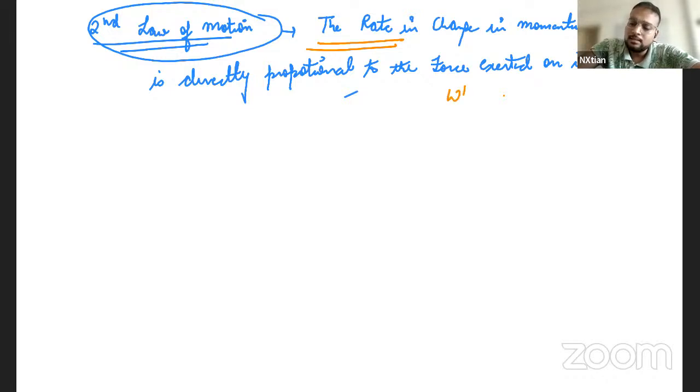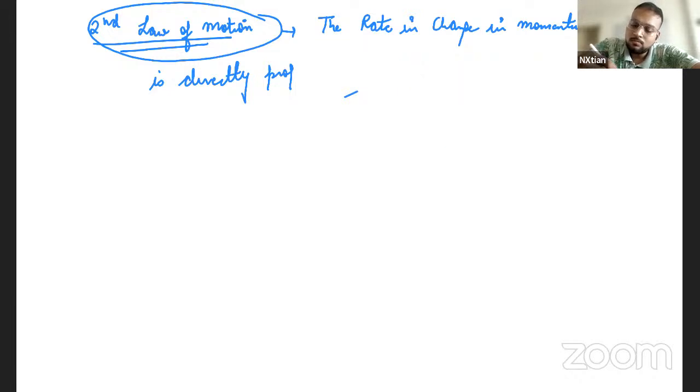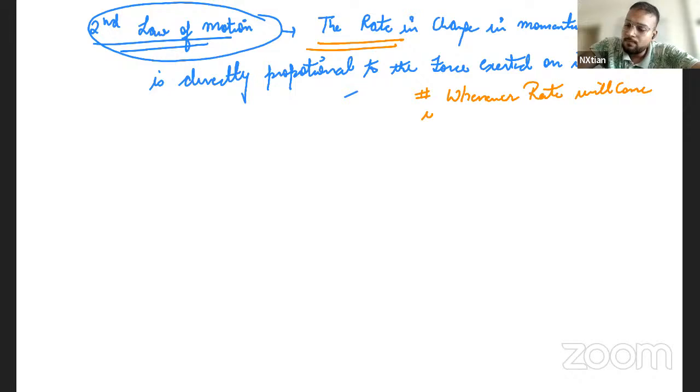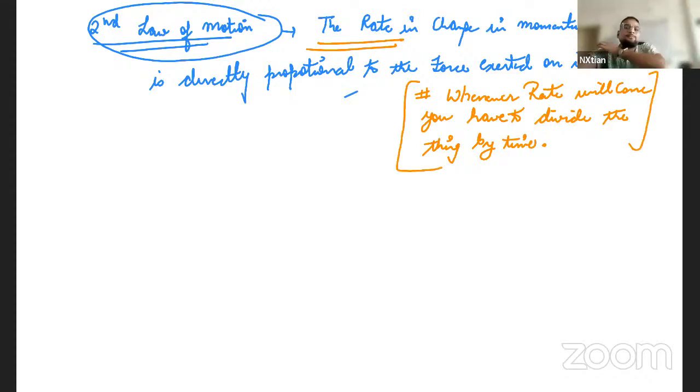So I'll write this generally: whenever rate comes, you have to divide the thing by time, like divided by t. Simple as that. Understood?